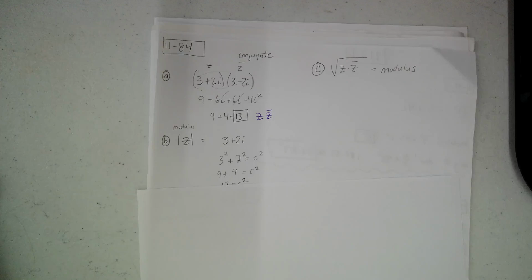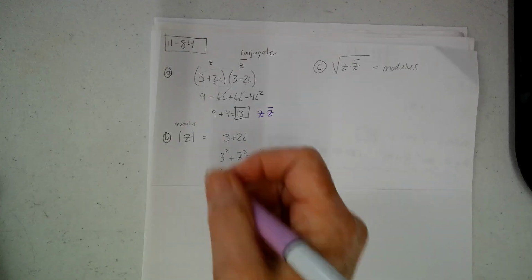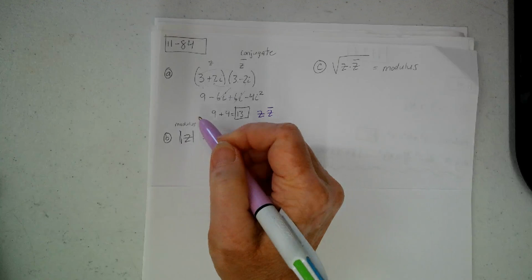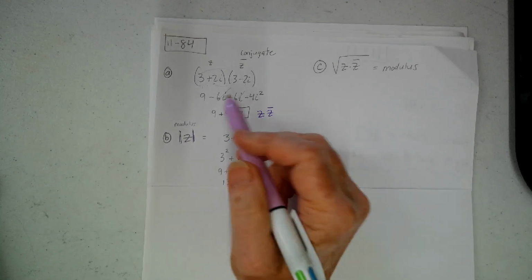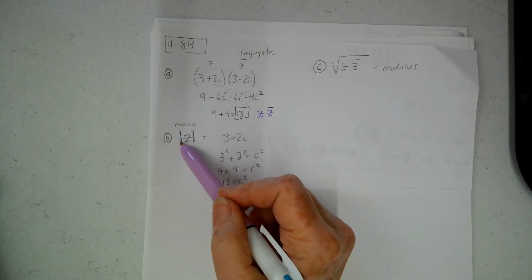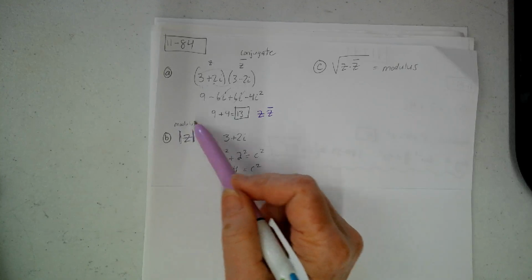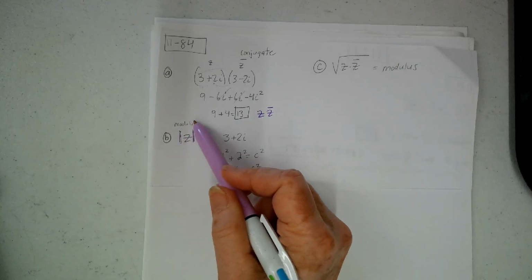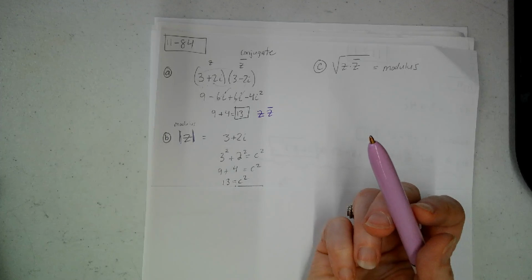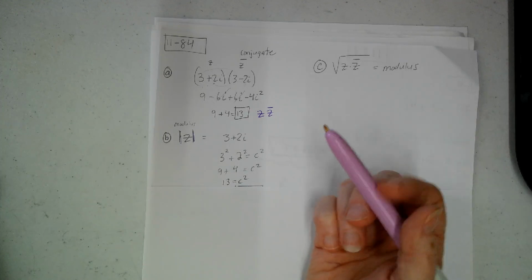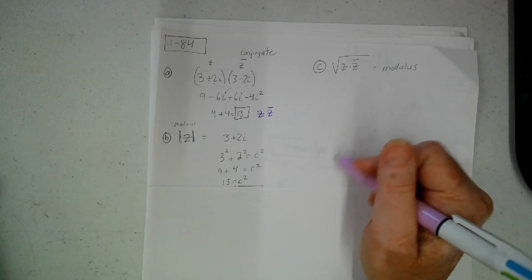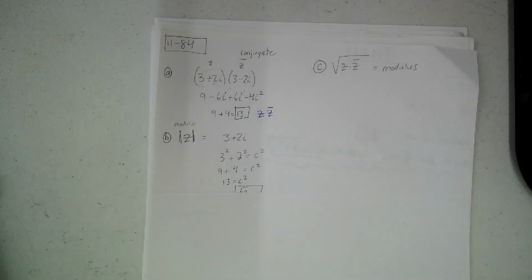Letter B says evaluate, and it has z in absolute value symbols. We understand that when it's a complex number in absolute value symbols, it's asking for the modulus. Remember, the modulus looked like the hypotenuse of a right triangle.